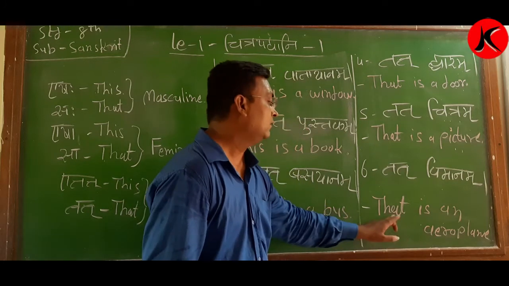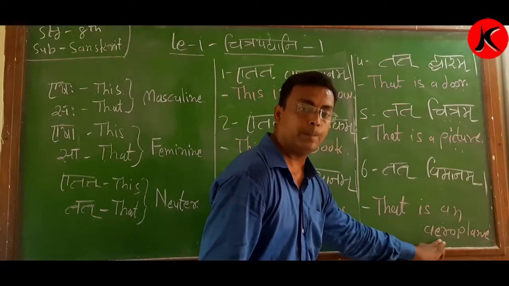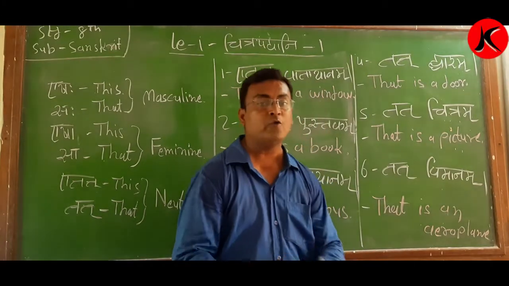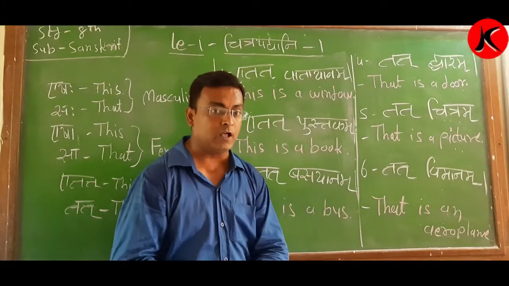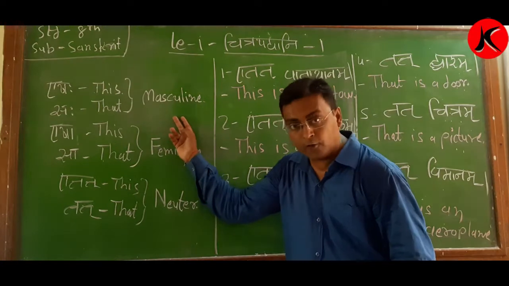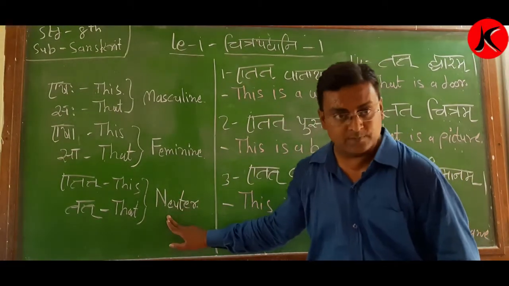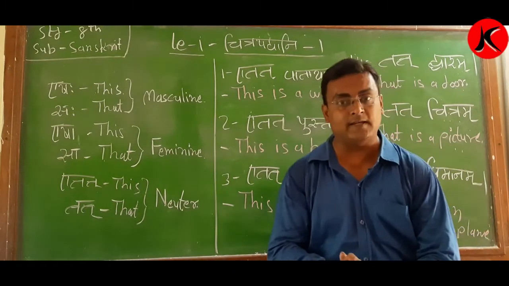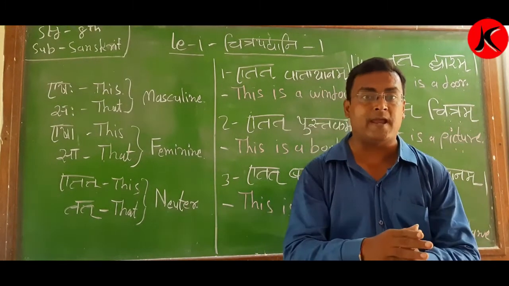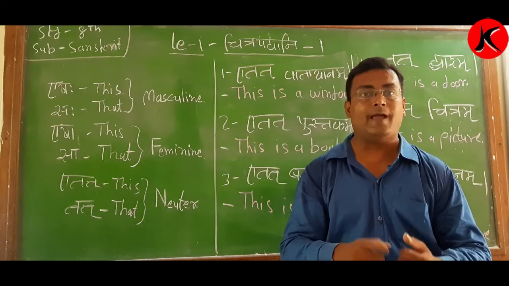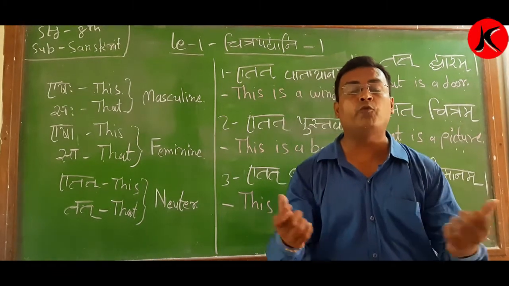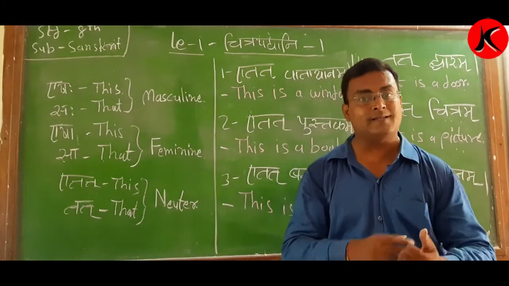Okay, that's why that is an aeroplane. Okay, now in Chitrapadani 1 we have seen masculine forms, feminine forms and neuter forms. All these forms we have seen. Now on the next page, aham and tvam. These two forms are there. We are seeing them now.